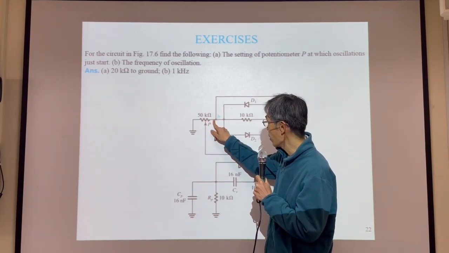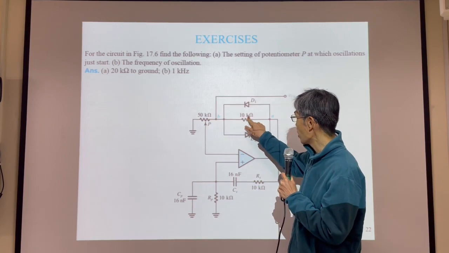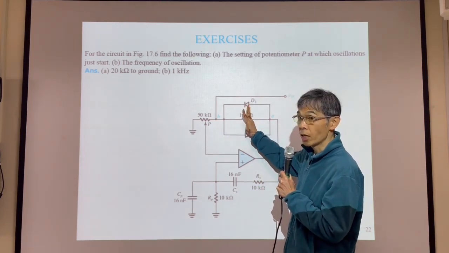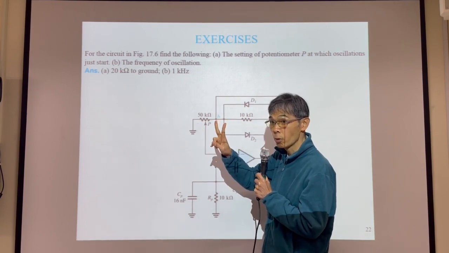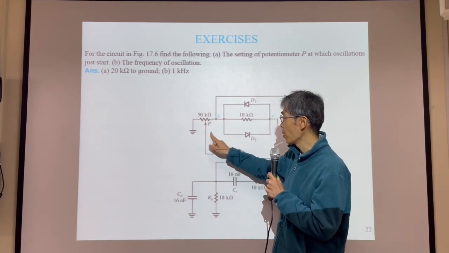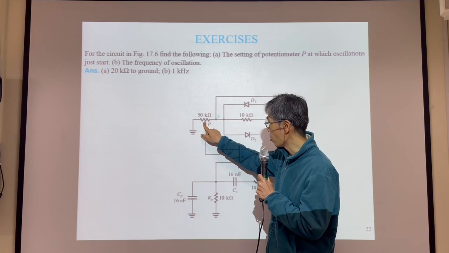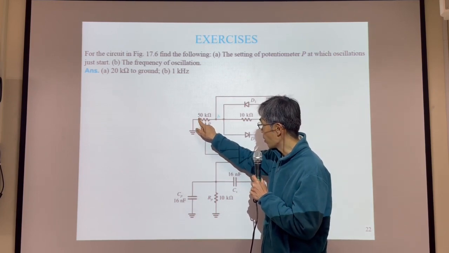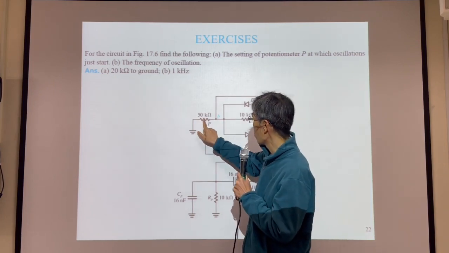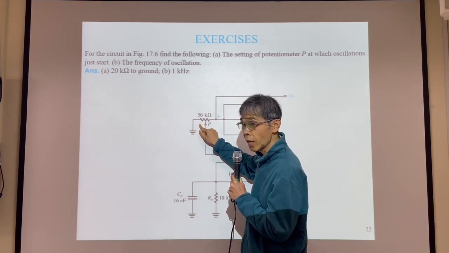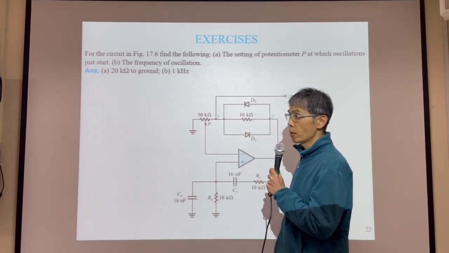So 30K plus 10K is 40K. 40K divided by 2K is 2. So that's why the potentiometer should be put here and the ground. For this point to the ground should be 20K. So this is the reason.